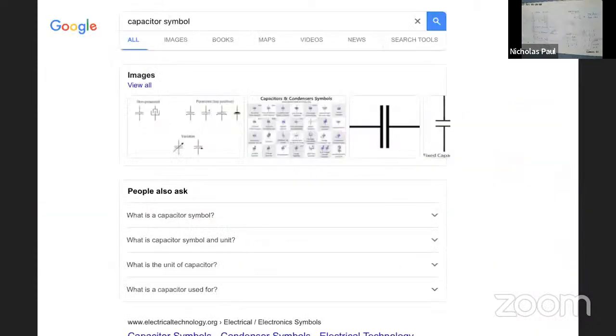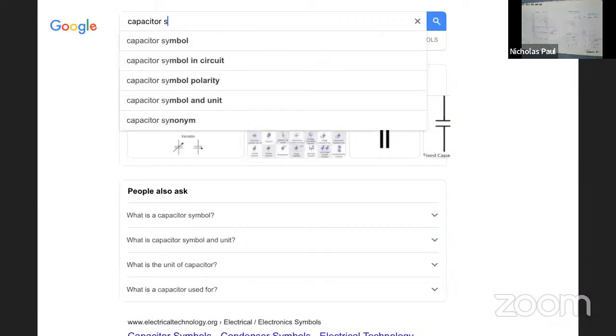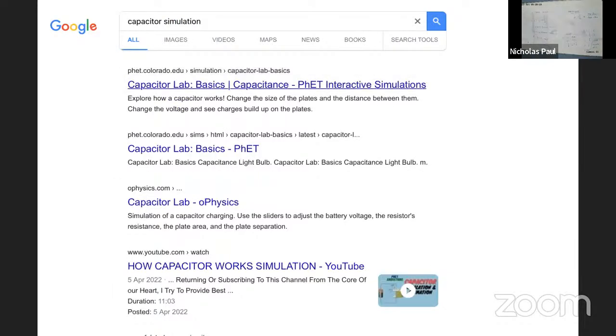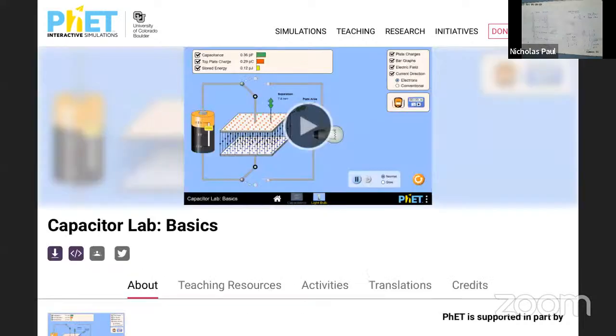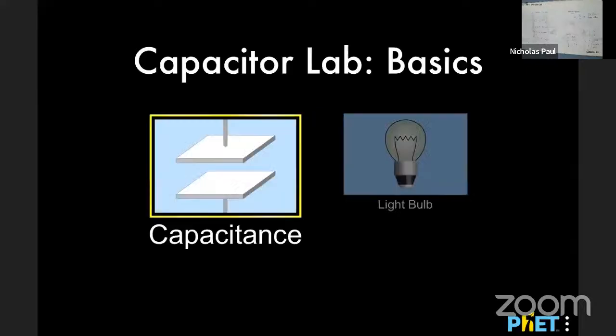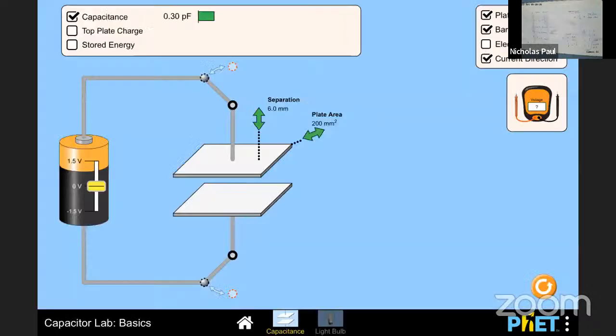Watch this quick little simulation. It's just showing you how the capacitor basically stores the charge. Tell me if you're not seeing it.